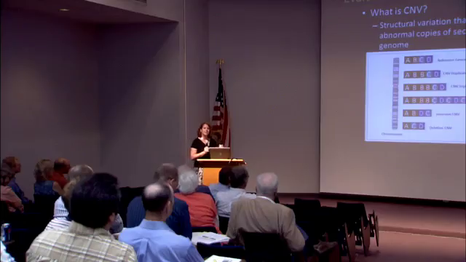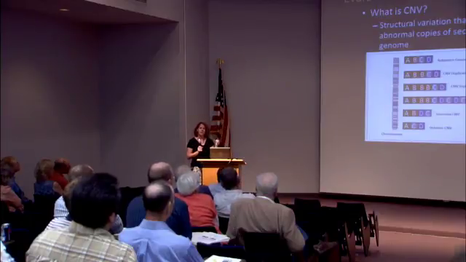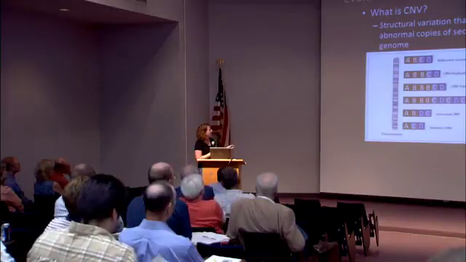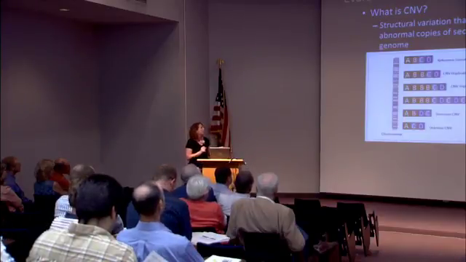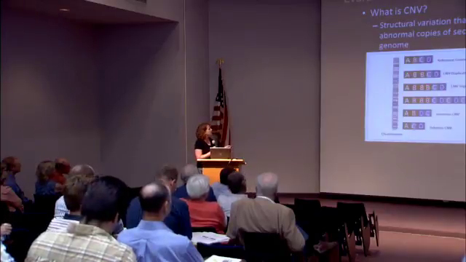Now, copy number variation, just like the name suggests, means that you have variation in the genome for the copies within that genome. So for example, for a reference genome, we have segments A, B, C, and D, and that's what you would normally see in the animal sequence. However, when you have a copy number variation, you see alterations in that.